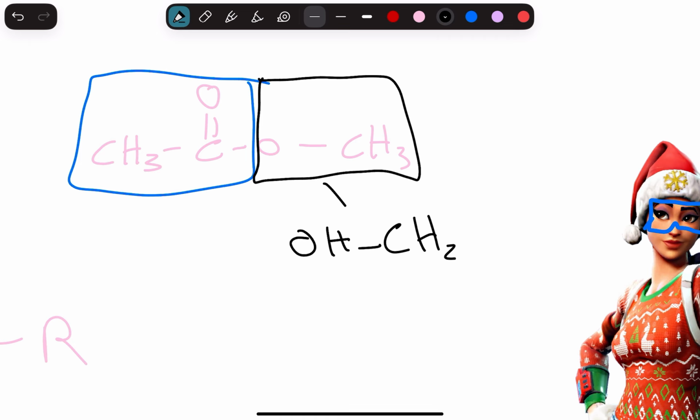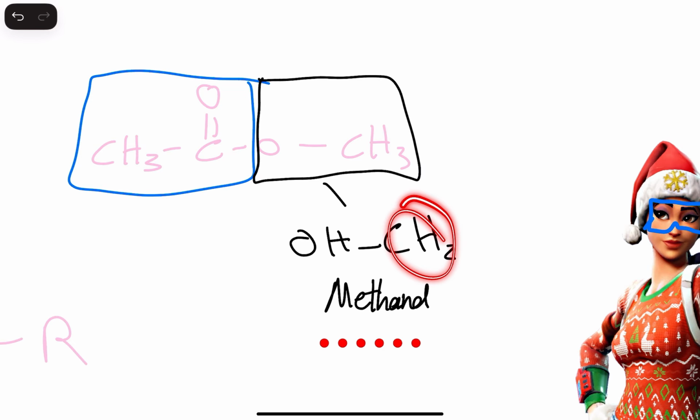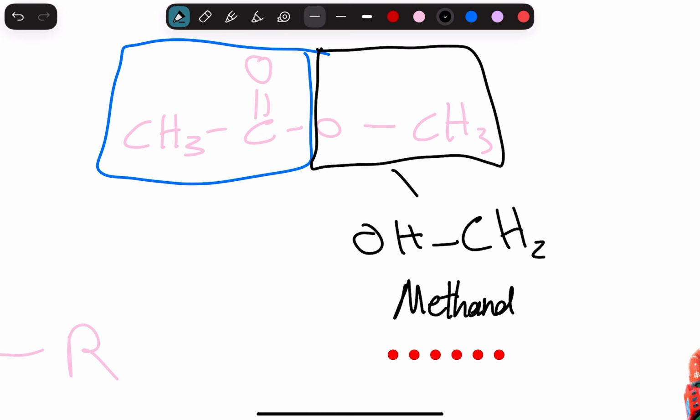Whoa, what is that? That's an alcohol. That is specifically methanol, because we have one carbon group, one alcohol. So we have our alcohol right here, and then we have, let's erase that, this right here. What is this? This is our carboxylic group, because if we also rewrite that, including that O, it would be like this.